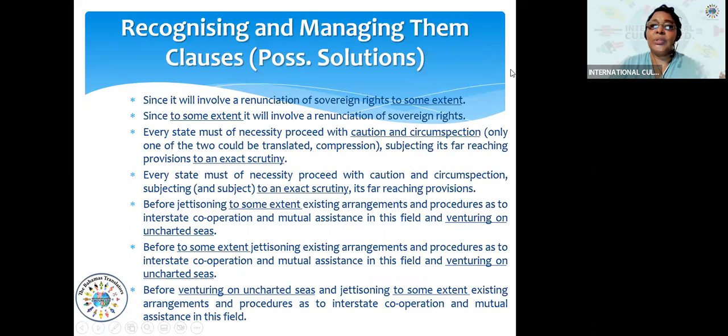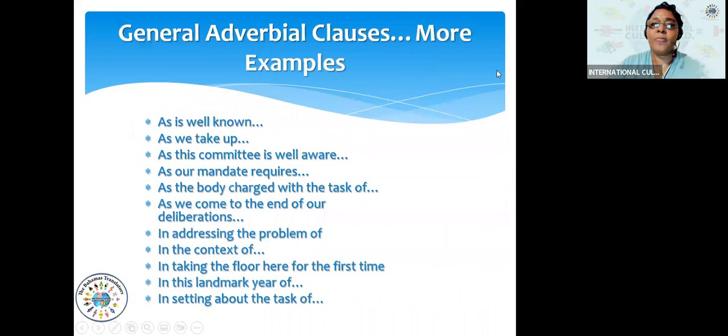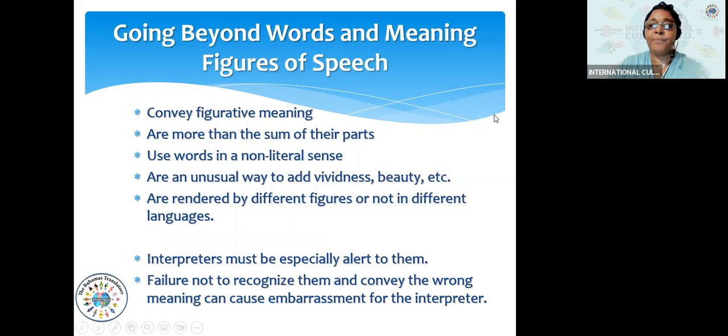Right, and you will have some clauses with possible solutions in case you have to interpret and then you may get stuck. This will be posted also for you. We have some examples for you as well. And as you know, this is being recorded, so you'll be able to have access to that as well.